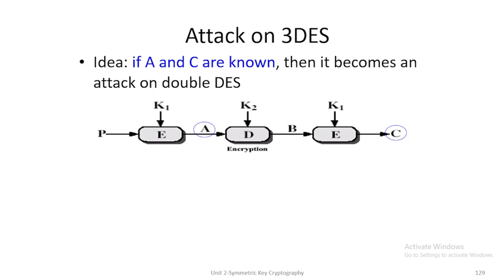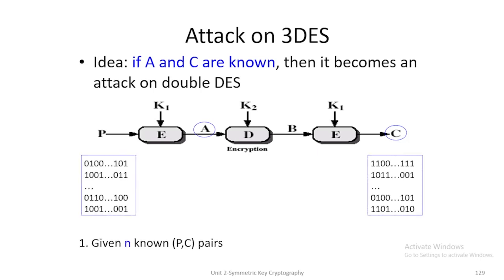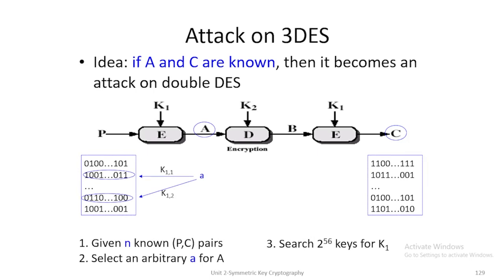So an attack is also possible with the help of knowing the A and C values. If the ciphertext value and A value are known, they are able to draw the diagrammatic representation, a tabular column with all possible combinations of 56-bit values. If any matching is found, they may be able to retrieve the corresponding K1 and K2 values.